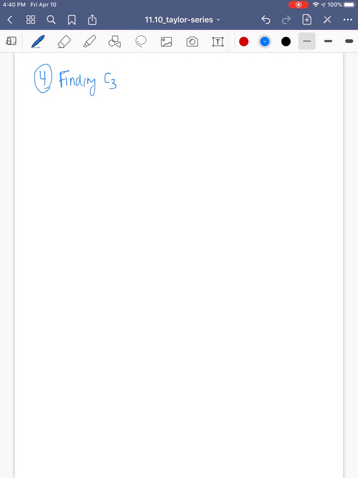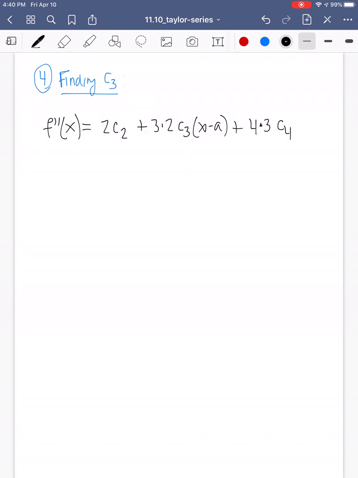So looking for the third term, c3, we start with our second derivative of our function, which written as a power series then just looks like, again, 2c2 plus 3 times 2 c3 times x minus a, plus 4 times 3 c4 times x minus a squared, and so on.